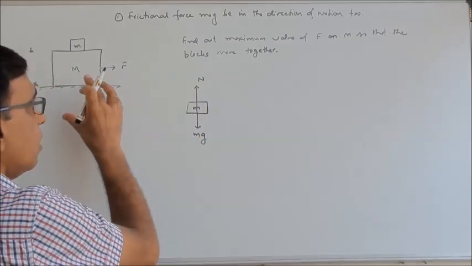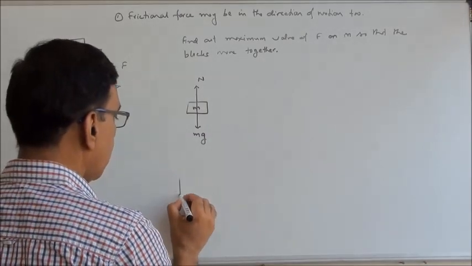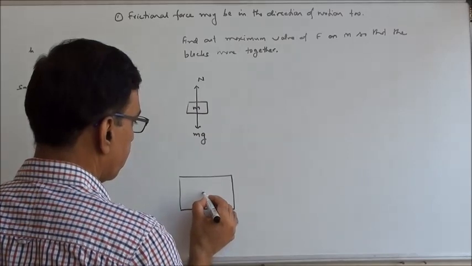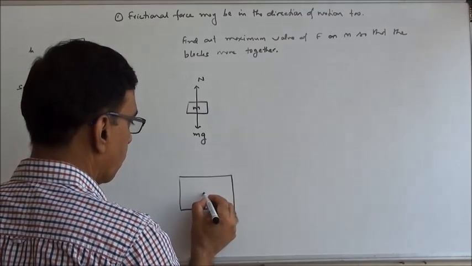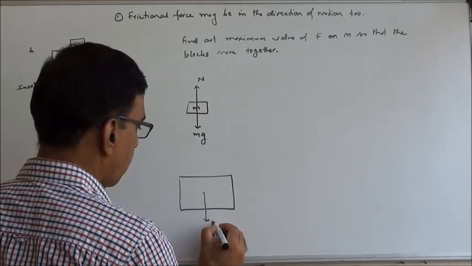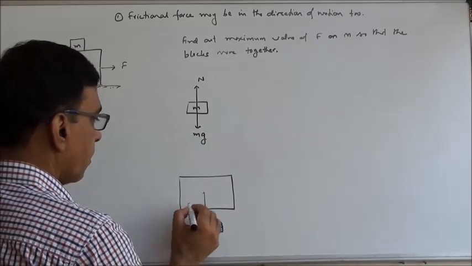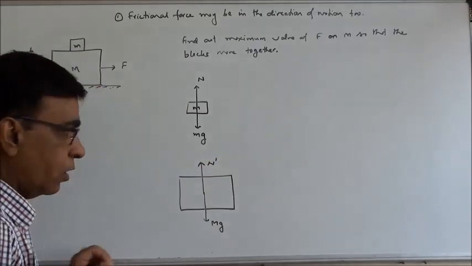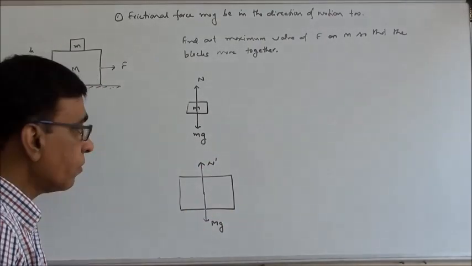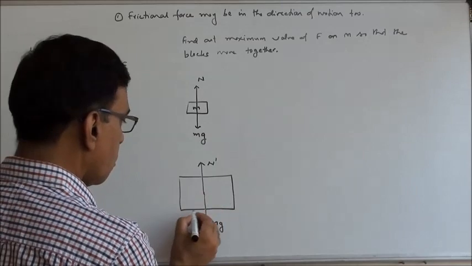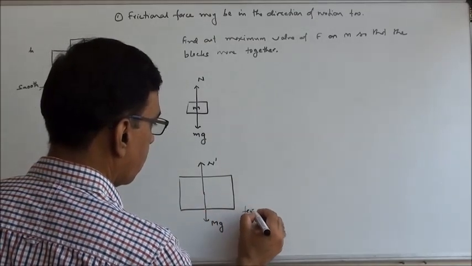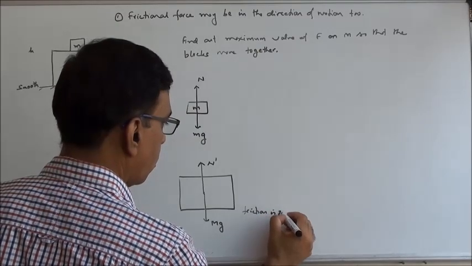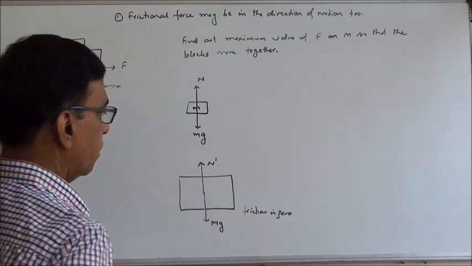Now see what the direction of the frictional force acting on these blocks is. I can take the bigger block also. On the bigger block there is a force Mg, and the normal reaction of the surface, and there is no friction on this surface.